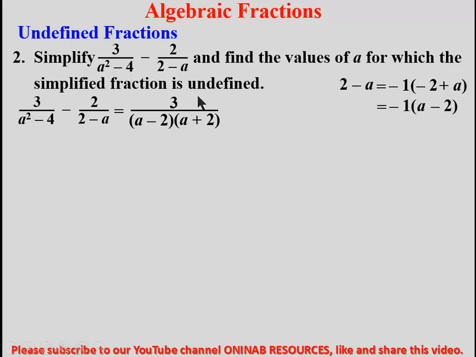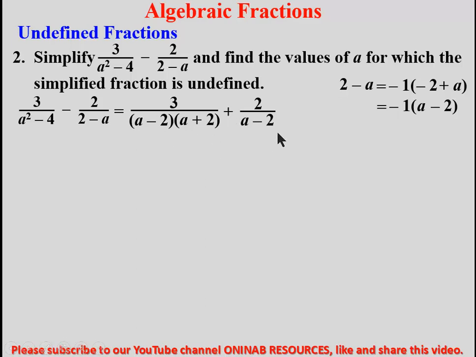This -1 multiplied by this negative gives positive. So we'll now have it as 2 over a minus 2. Please remember, this has changed to positive because negative times negative gives a positive.